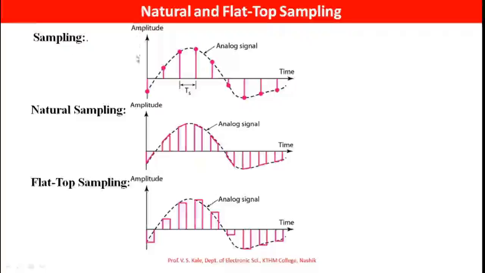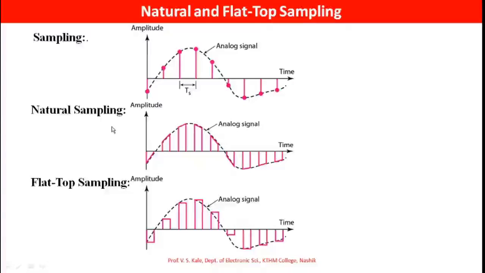First part is showing the sampling. This is the continuous analog signal. From this continuous analog signal, samples are taken with certain time interval which is denoted by Ts. Y-axis denotes the amplitude, x-axis denotes time.